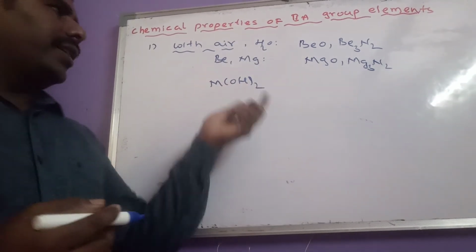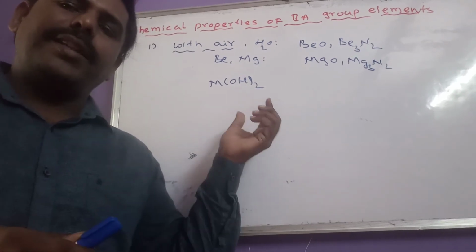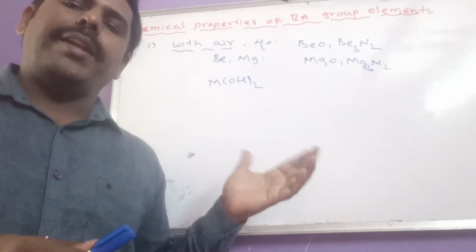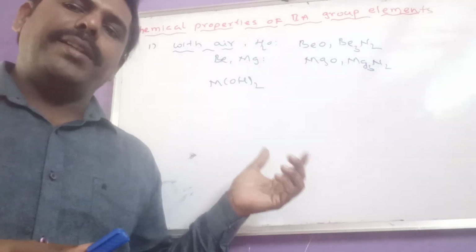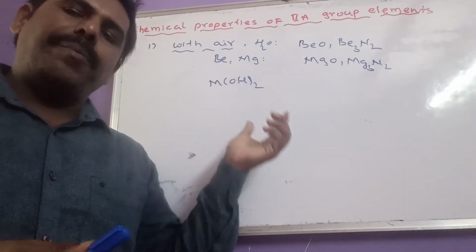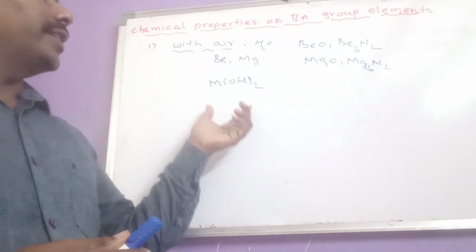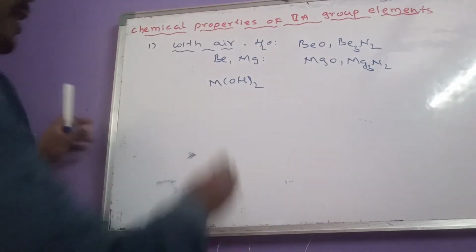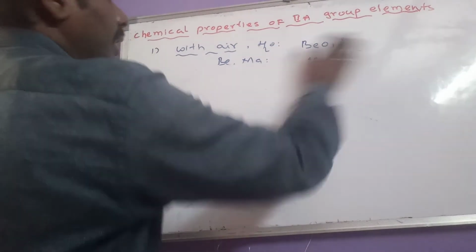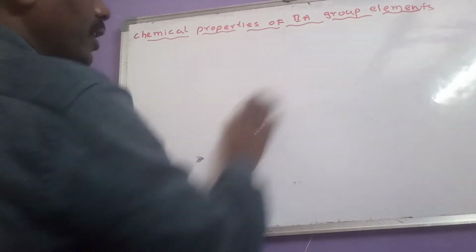Now here the stability of hydroxides increases from beryllium to barium. The thermal stability and solubility in water increases from beryllium hydroxide to barium hydroxide. So this is regarding reactivity of alkaline earth metals with air and also with water.